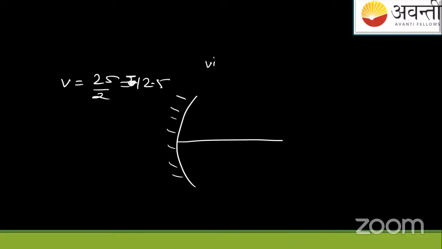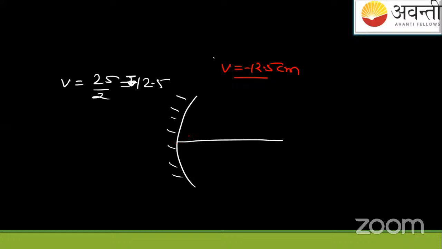Negative means on the same side as the object. Is it virtual or real? Sure, it's a real image. So now we'll write here that V is minus 12.5. Yes, real image, good.